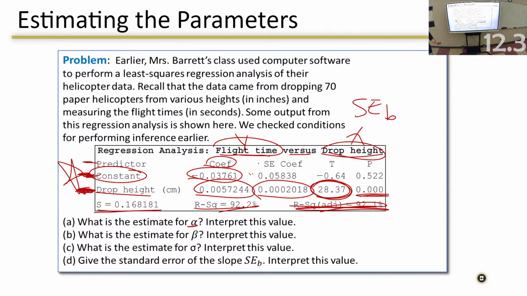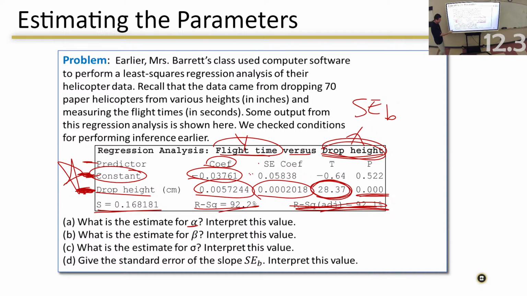Most of the time, the y-intercept makes no sense in the context, but you just need to logically deduce that. The y-intercept is when x is 0, which must mean the drop height was 0. That's like the initial starting point. The drop height is 0, therefore the flight time was negative, which makes no sense. But we know that sometimes those don't make any sense.